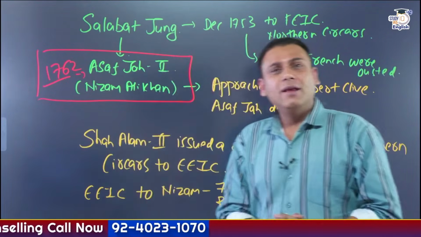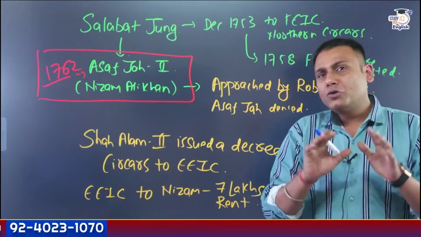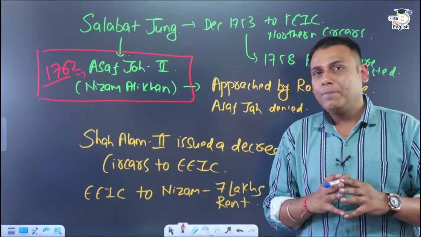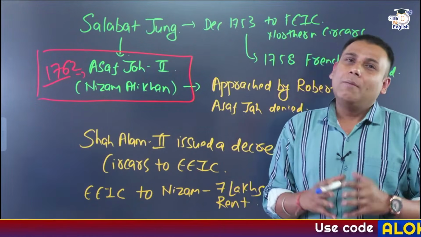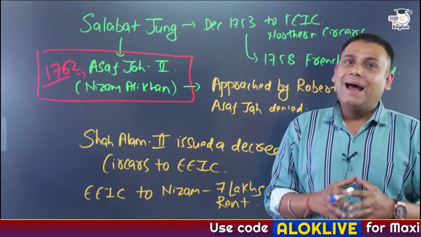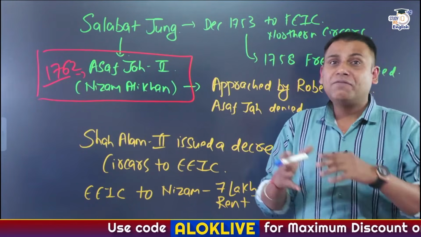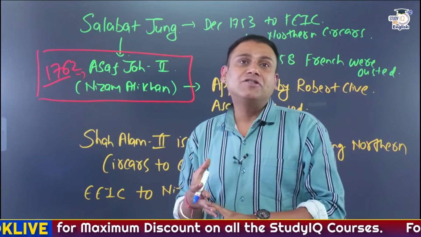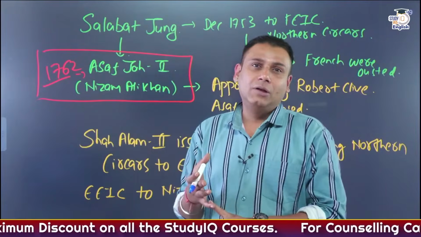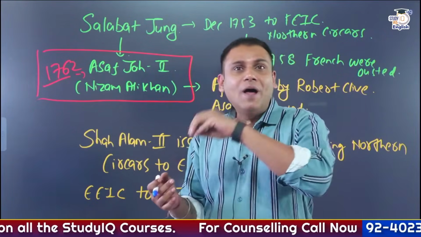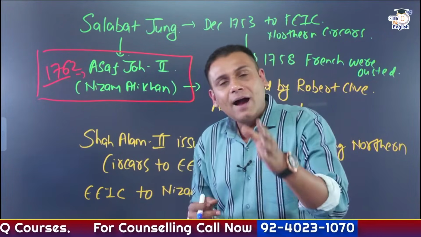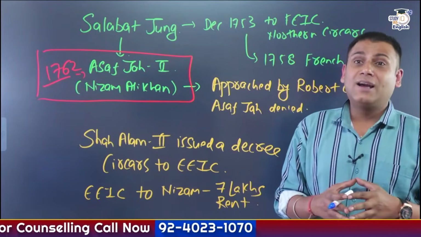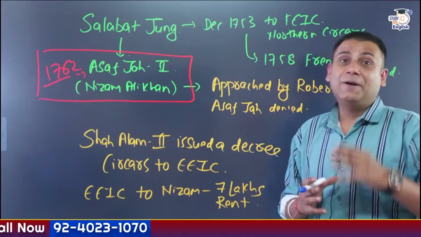Now initially Asaf Jah, also referred as Nizam Ali Khan, tried to wage a war, but he knew his condition, that at this particular point of time he was financially unstable and did not have major support from his other allies. So he dropped the idea of a war. So finally Asaf Jah said to the English East India Company, at least provide us a rent.